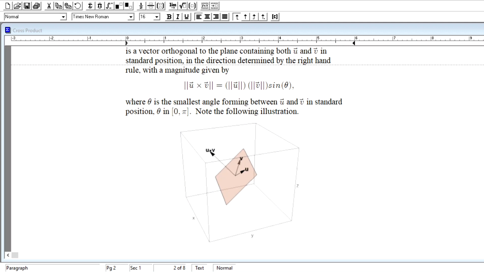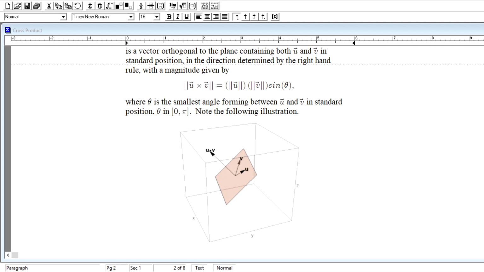The fingers on my right hand would curl through that angle theta from u to v, and as it curls from u to v, my thumb will point up here in the direction of this cross vector, right?